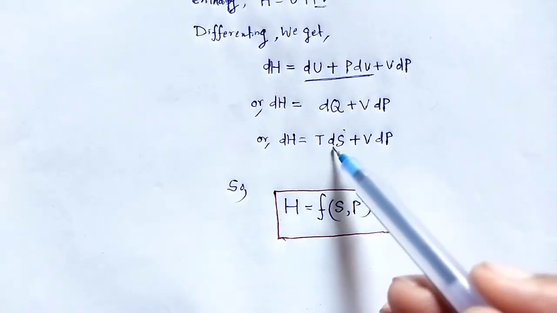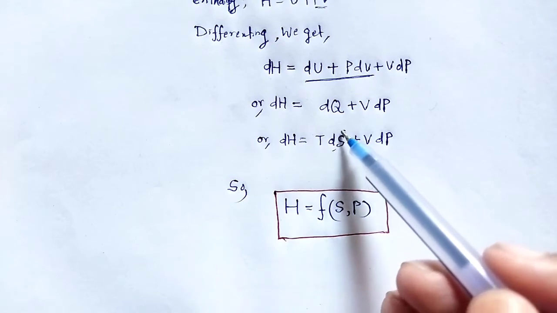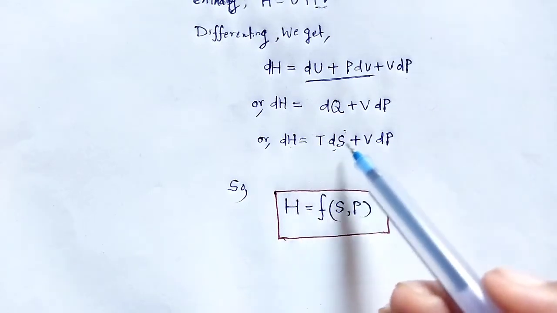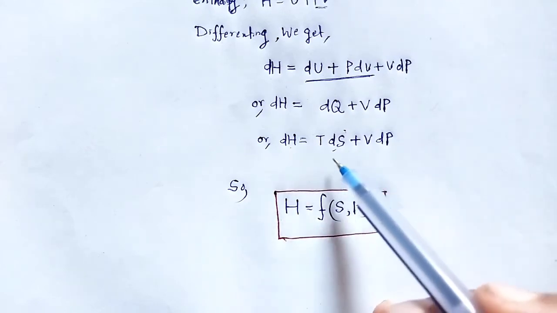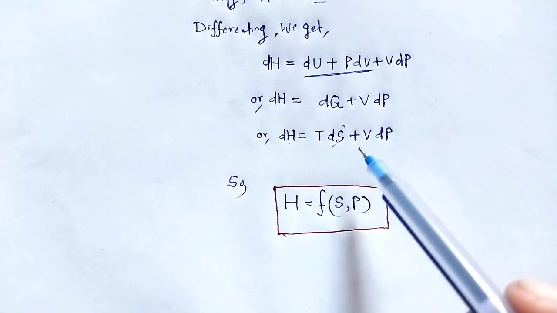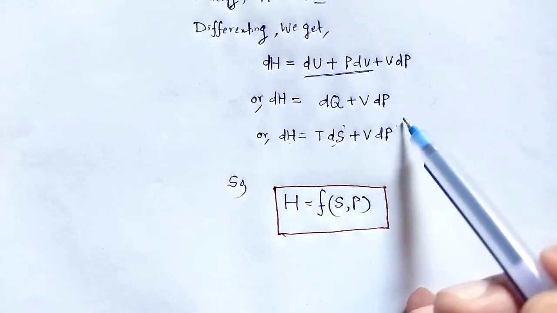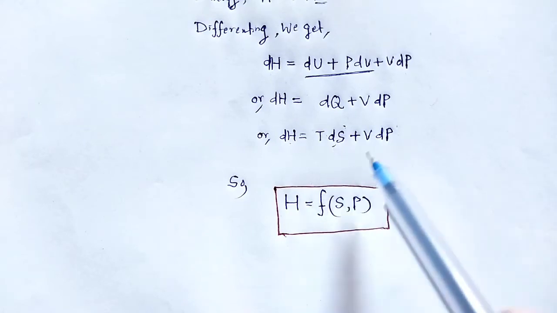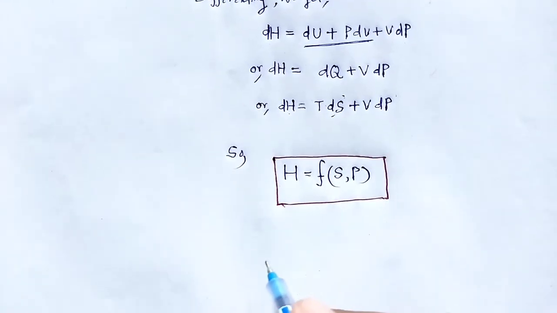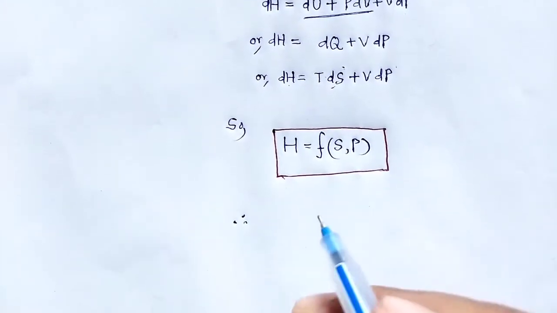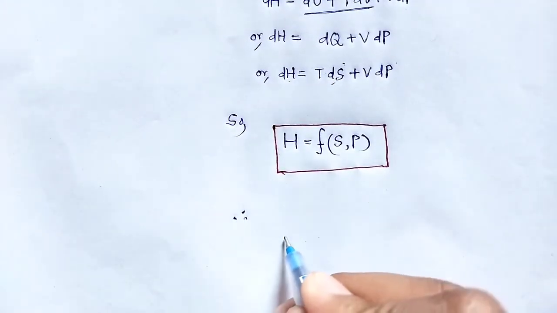When S is constant, the change in entropy will be 0, that means dH is equal to VdP and V is equal to dH by dP at constant entropy. And again when P is constant, that term will be 0, so T is equal to dH by dS at constant pressure.